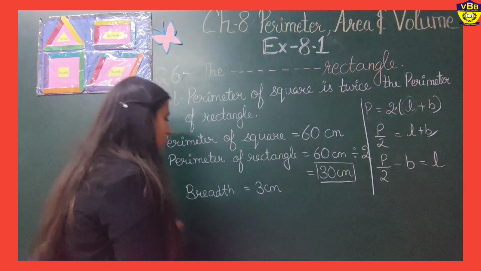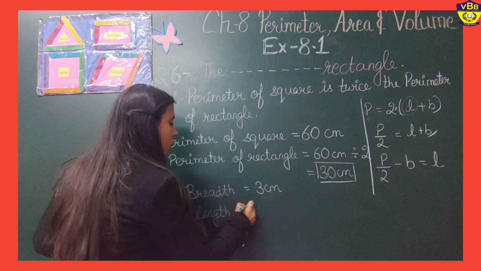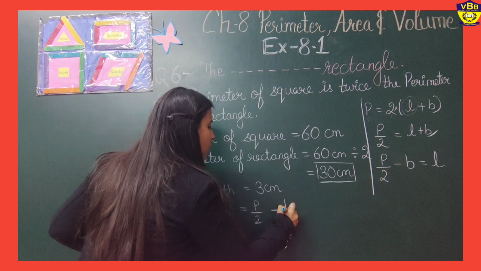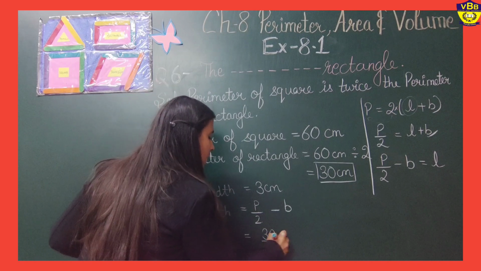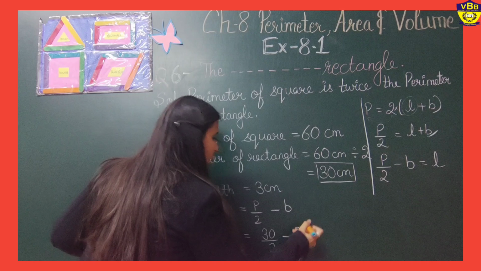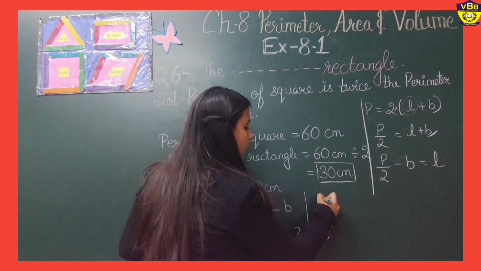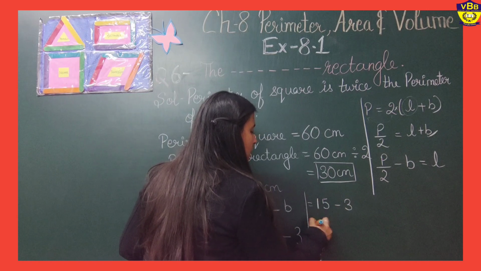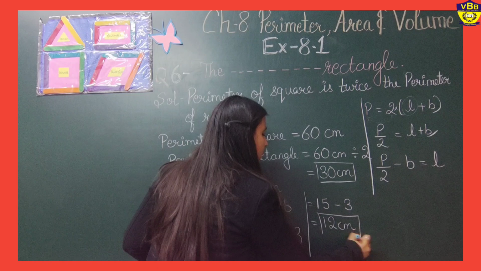Okay. So, length is equal to perimeter divided by 2 minus B. Perimeter is 30. 30 divided by 2 minus 3. So 30 divided by 2 is 15. 15 minus 3 is equal to 12 centimeter.